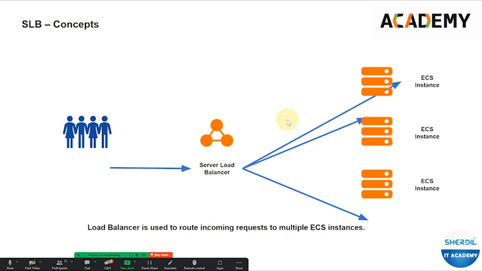Like in the server load balancer, we have 3 ECS instances, and as the users increase, the traffic will also increase.